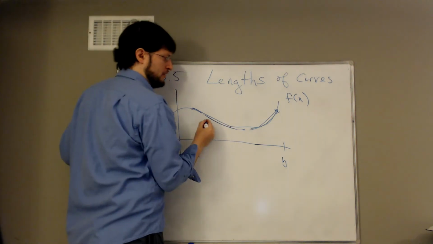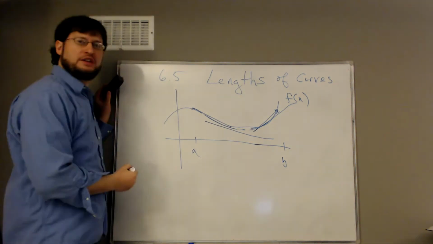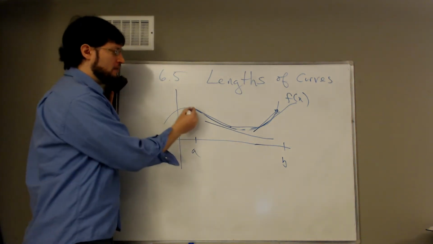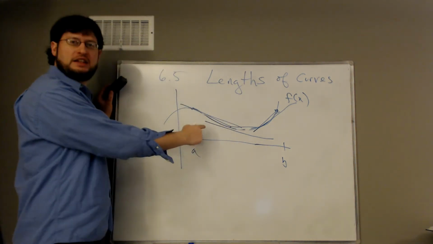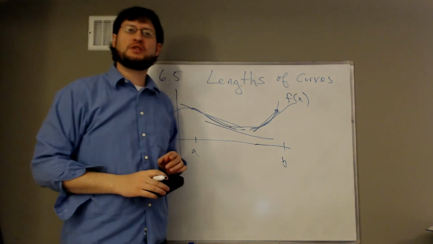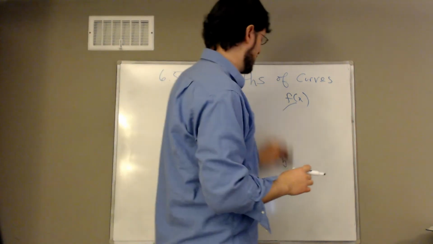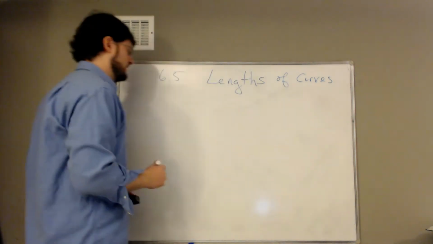So if I would use the tangent line here or the tangent line here, I get something that's very close to what we actually need. And so if I follow my tangent lines, I get a pretty good approximation as well. And so this is our idea. We're going to follow the tangent lines for a given distance.